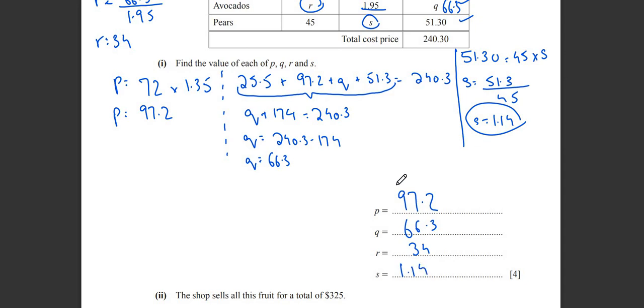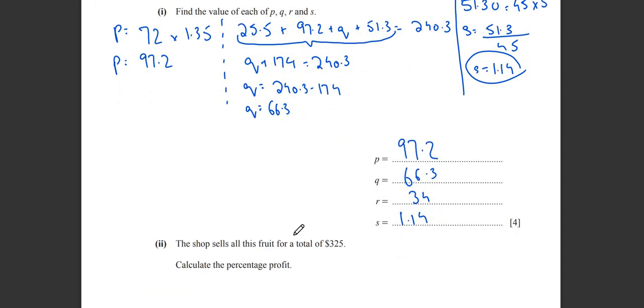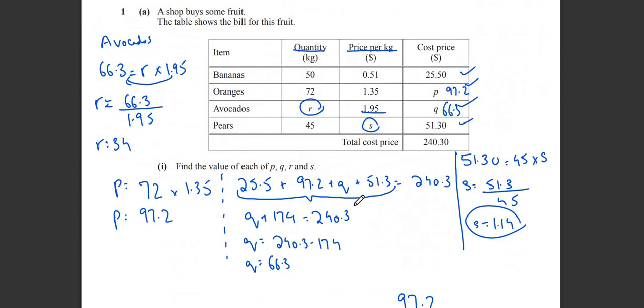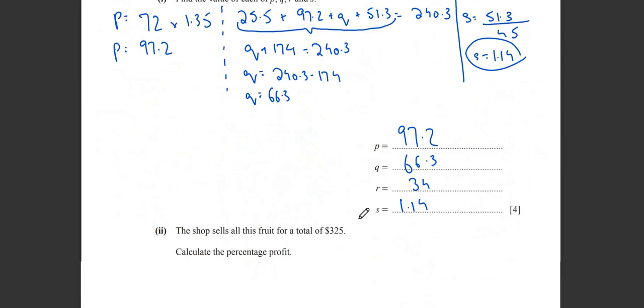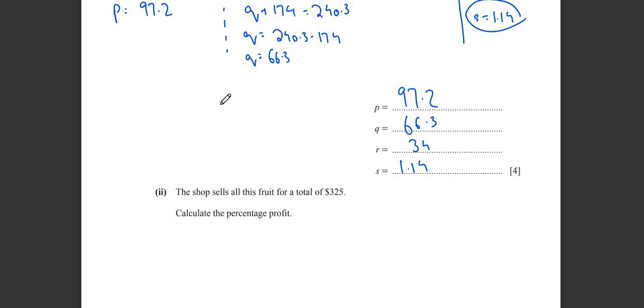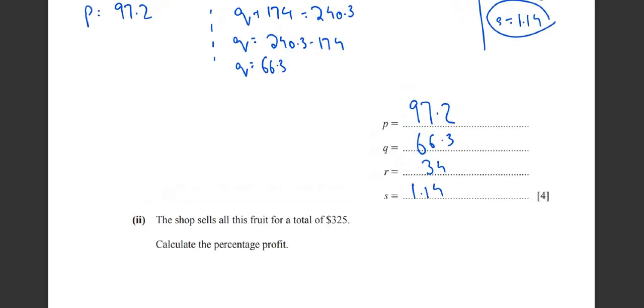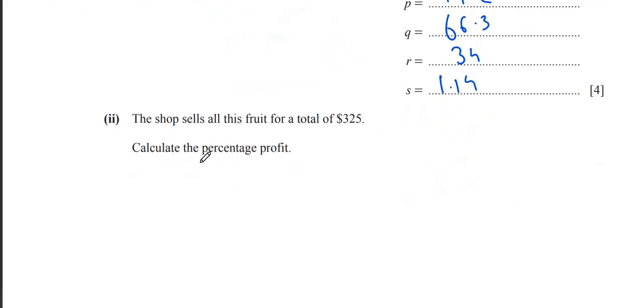In the next question, it says the shop sells all the fruit for a total of 325. Calculate the percentage profit. So look, what is the cost? 240.3. So in order to find percentage profit, we will first calculate the amount of profit.